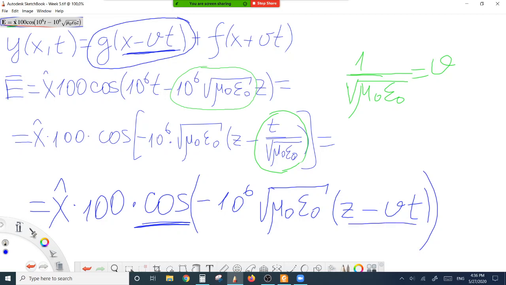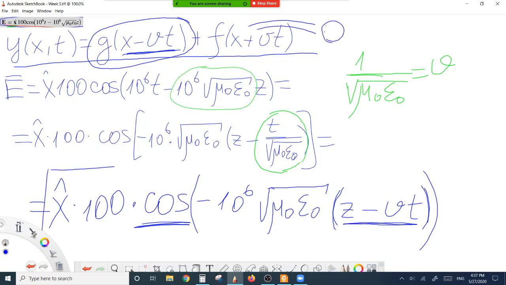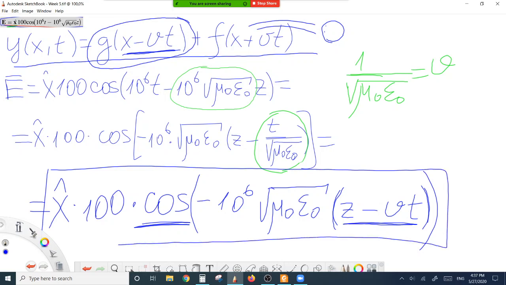In our case the argument is z minus vt, and we have demonstrated that our solution is exactly in this form, where the second function is 0 and the first function is this.